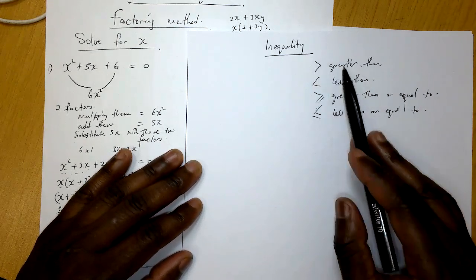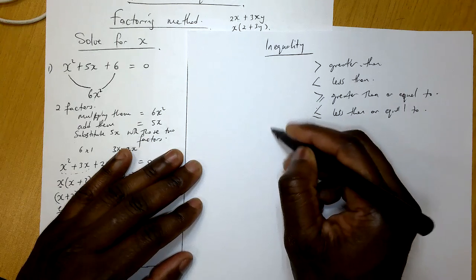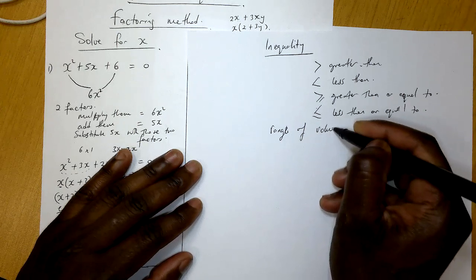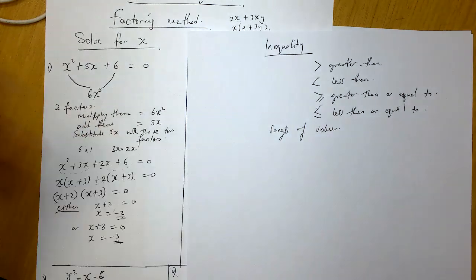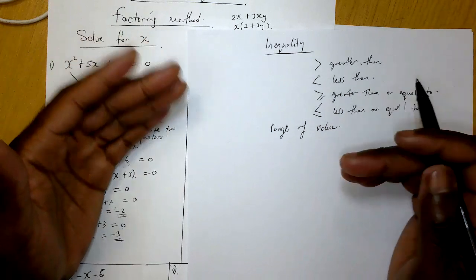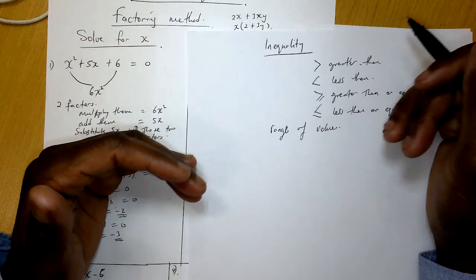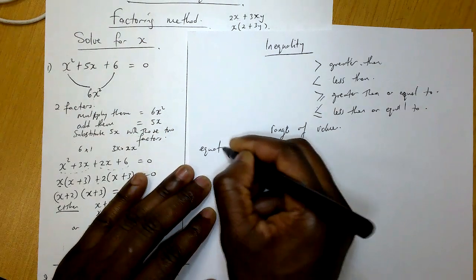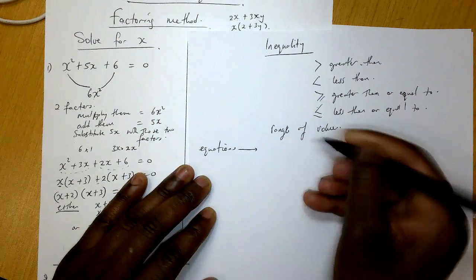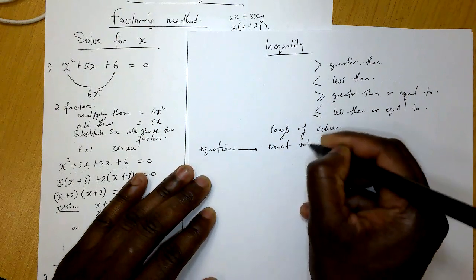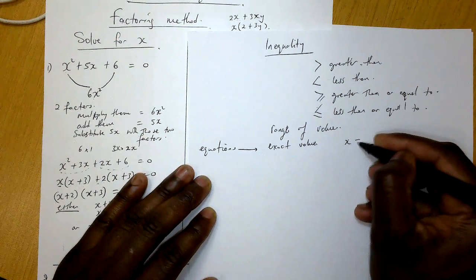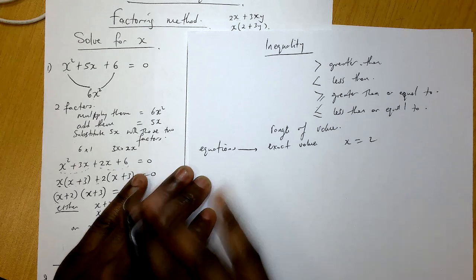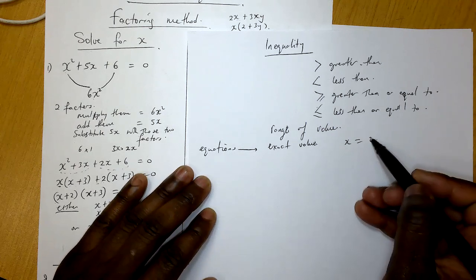So inequalities give you a range of values. With equations, you just get an exact value, like x is equal to 2, and there is no way you can find another value of x.